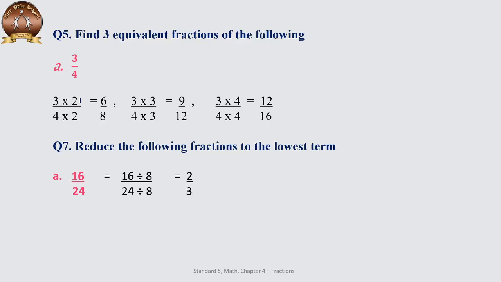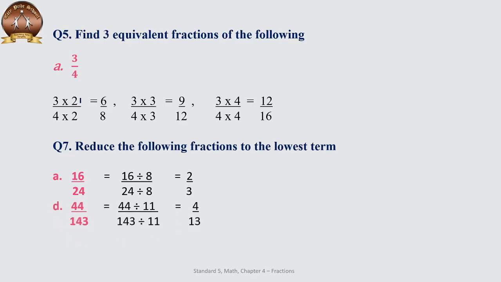How 2 upon 3? 16 divided by 8 gives us a 2 and 24 divided by 8 gives us a 3. So from that we conclude that 2 upon 3 is the lowest term as 2 upon 3 has no common factor in them. 2 and 3 have only one common factor, that is 1. So 2 by 3 is the lowest term of 16 by 24.